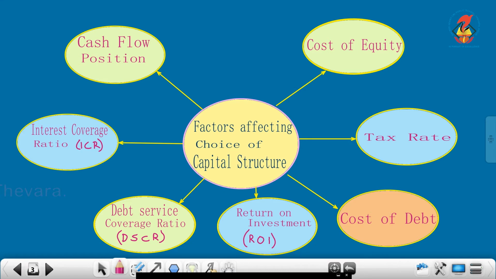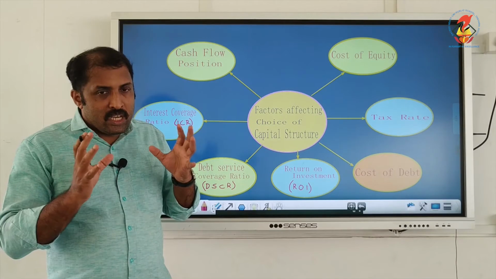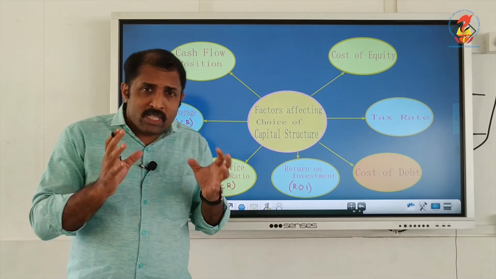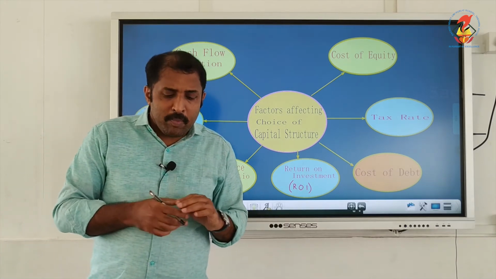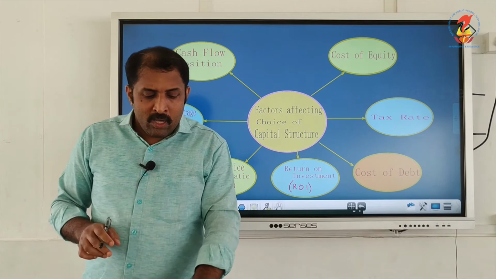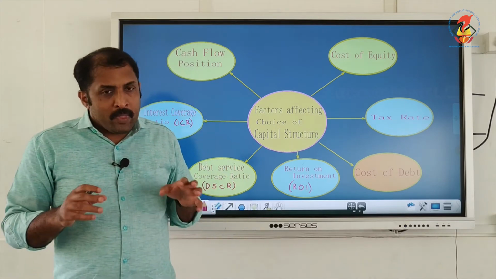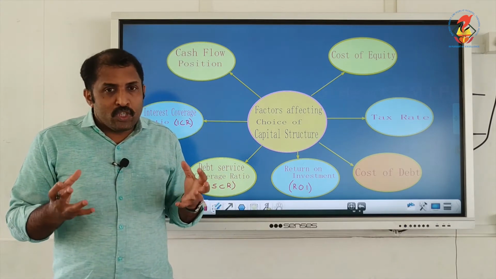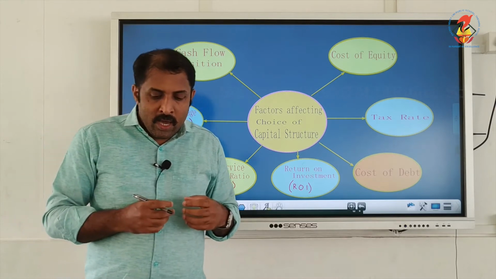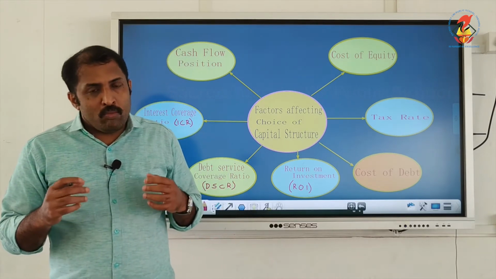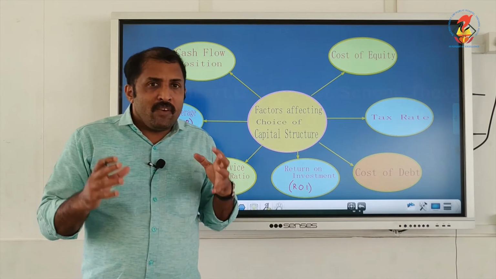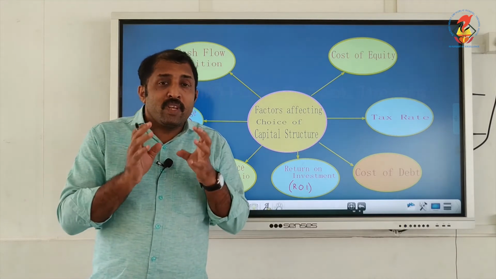Cash flow position is to be considered when debt and equity is combined in the overall capital. The first thing is that the projected cash flow is to be considered, and we have to make sure that there is enough cash flow to meet a financial obligation.